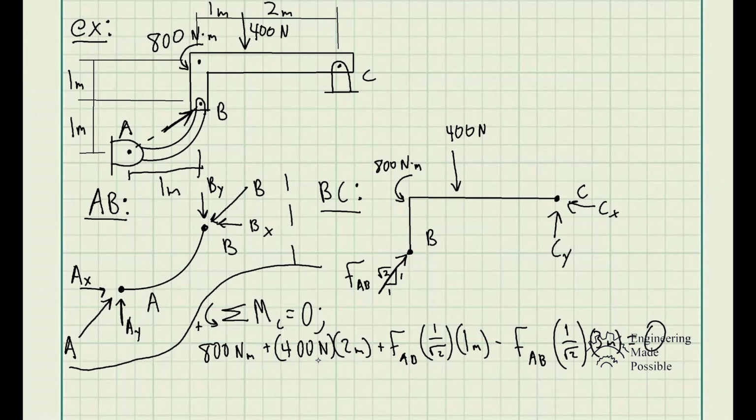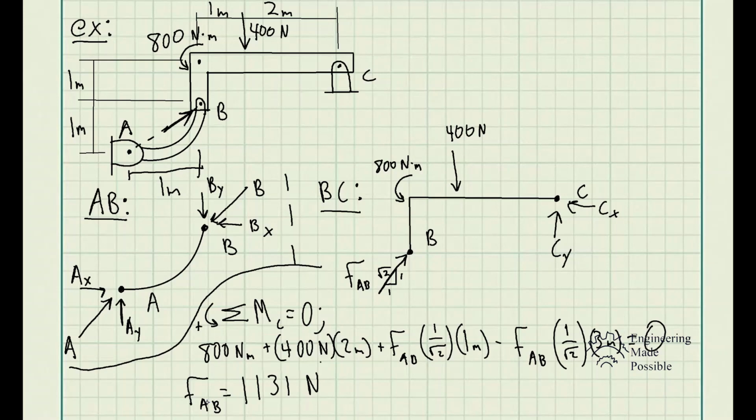We have the force 400 newtons times 2 meters, plus the force FAB. We take the x component, so it's adjacent over hypotenuse, and the perpendicular length is 1 meter. Take away FAB's y component, which is opposite over hypotenuse, times the perpendicular distance, in this case 3 meters, is equal to 0. So we only have one unknown here, and solving for it gives us FAB equal to 1131 newtons.